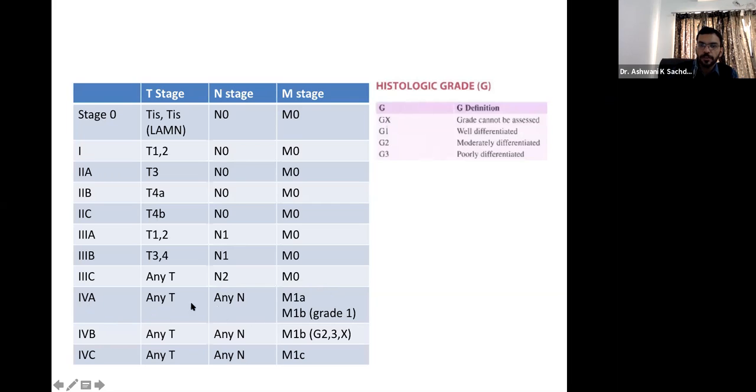Stage 4A is M1A when no cell is identified or when cells are identified along with the mucin but they are of grade 1. Okay, so it is stage 4A. In stage 4B, it is M1B with grade 2 or grade 3 features, and stage 4C is beyond the peritoneum, M1C.